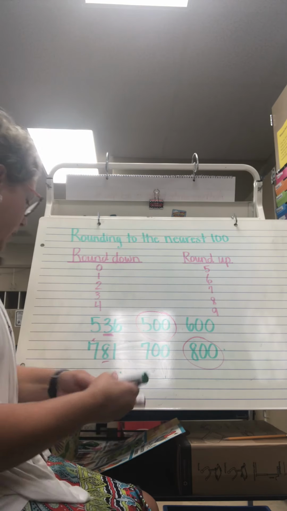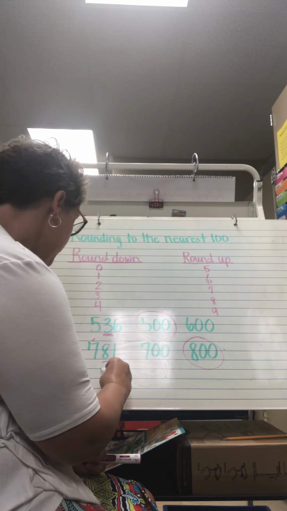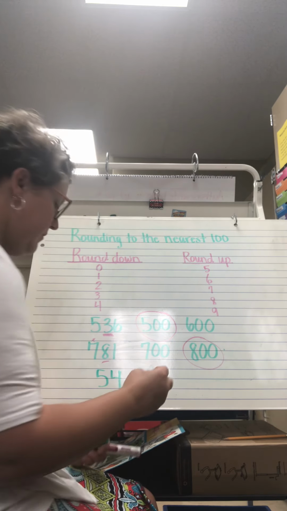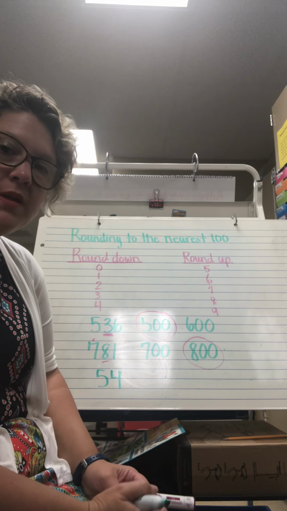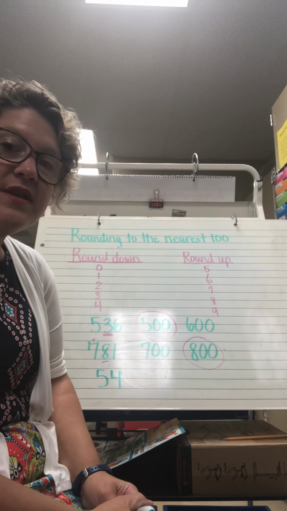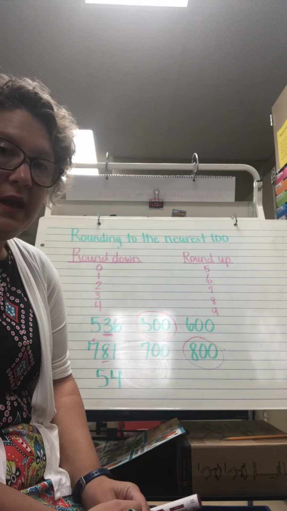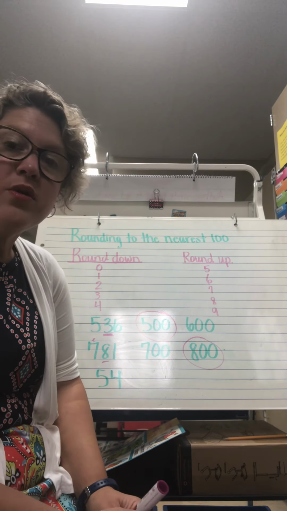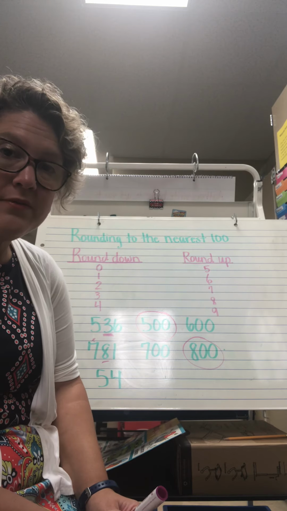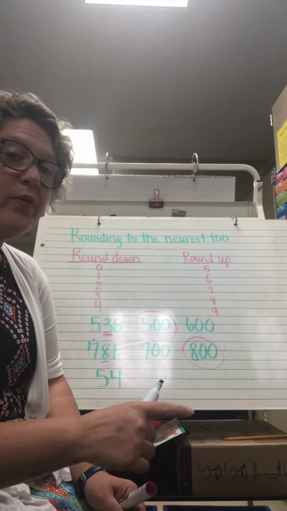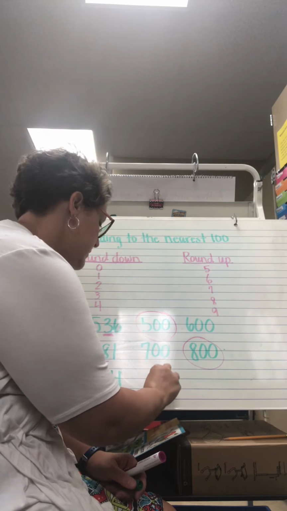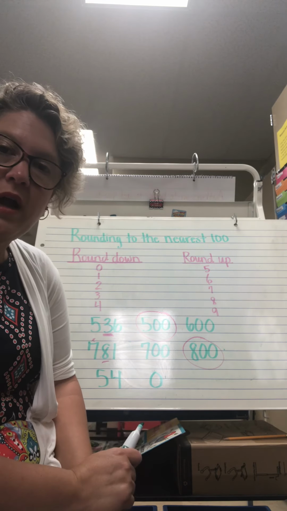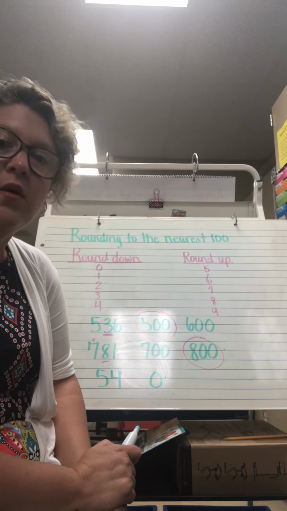Let's do one more. I am going to do the number 54. So again, I'm going to think about what two hundreds 54 goes between. Well, I don't have a digit in the hundreds place, so if I am going to round down, I'm going to round all the way down to 0. And then the other hundred that 54 comes between is 100.